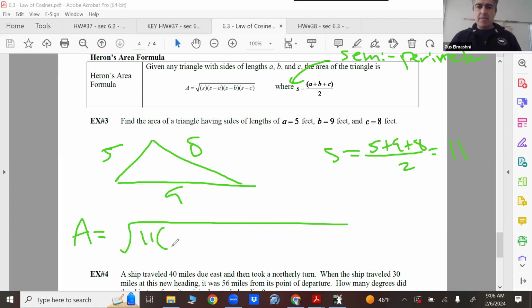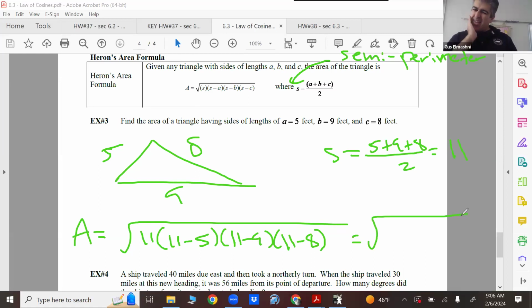11 times 11 minus 5 times 11 minus 9 times 11 minus 8. That's all you're doing. Super easy. If I work all that out, what do I get? 11 times 6 times 2 times 3.